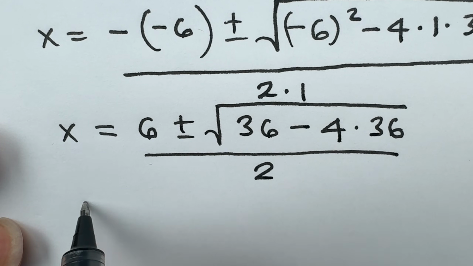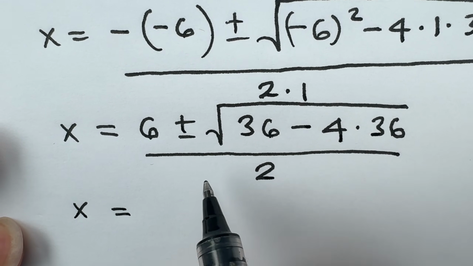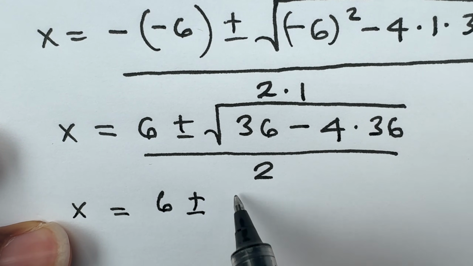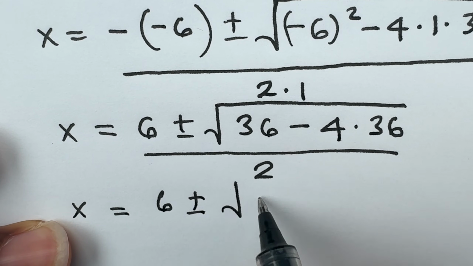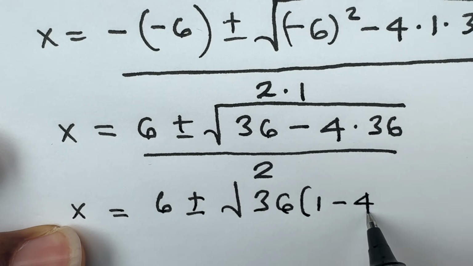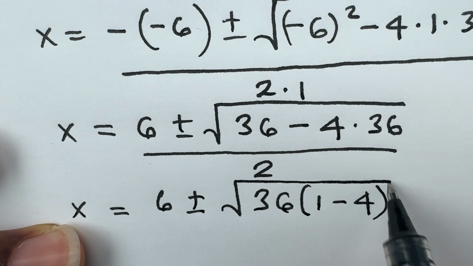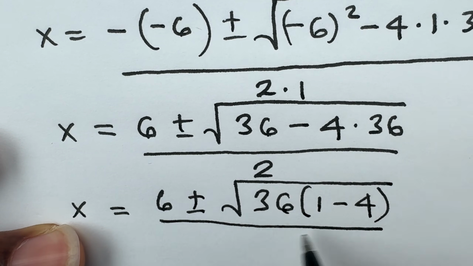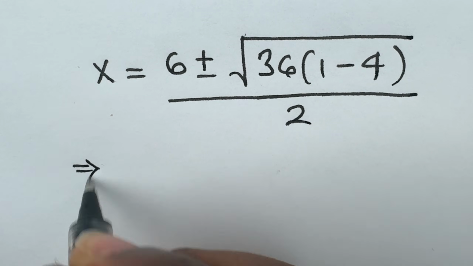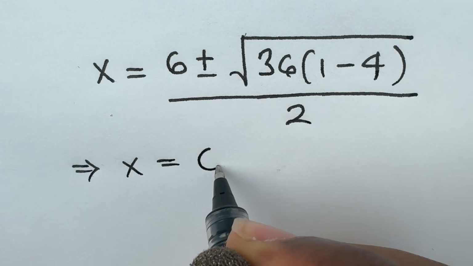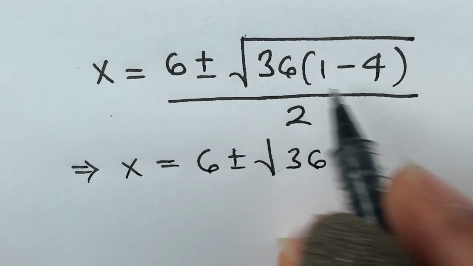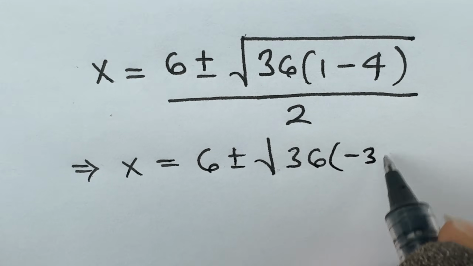So that x is equal to 6 plus or minus square root of 36 is common here. So I'll say 36 into 1 minus 4, divided by 2. Then from here, x is equal to 6 plus or minus 36. 1 minus 4 here is minus 3.